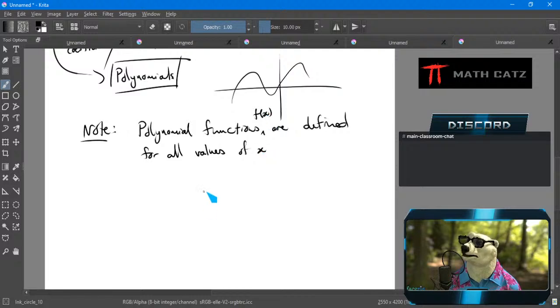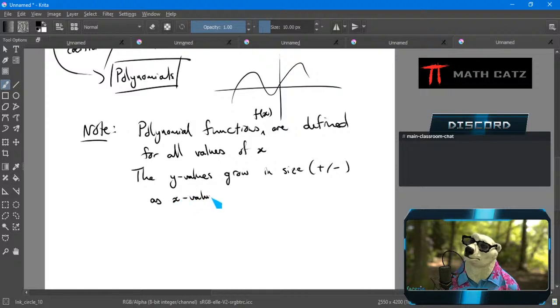For all x values, it's defined. And let's say here, the y values grow in size, could be positive or negative, as the x values grow in size as well, positive or negative.